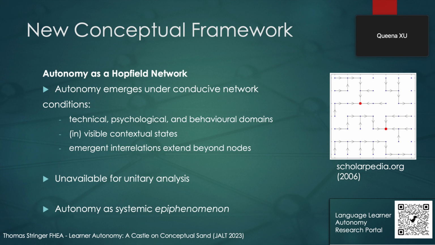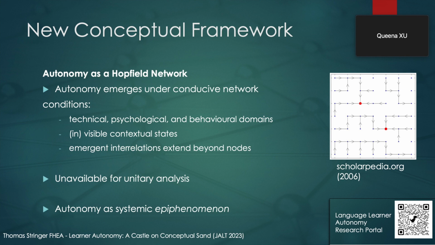Okay, so under such a system, autonomy would emerge under conducive network conditions. So that means the alignment of the technical, psychological, behavioral domains that have been identified in earlier models, and the visible and invisible contextual states and those interrelations which spread out beyond those key nodes.